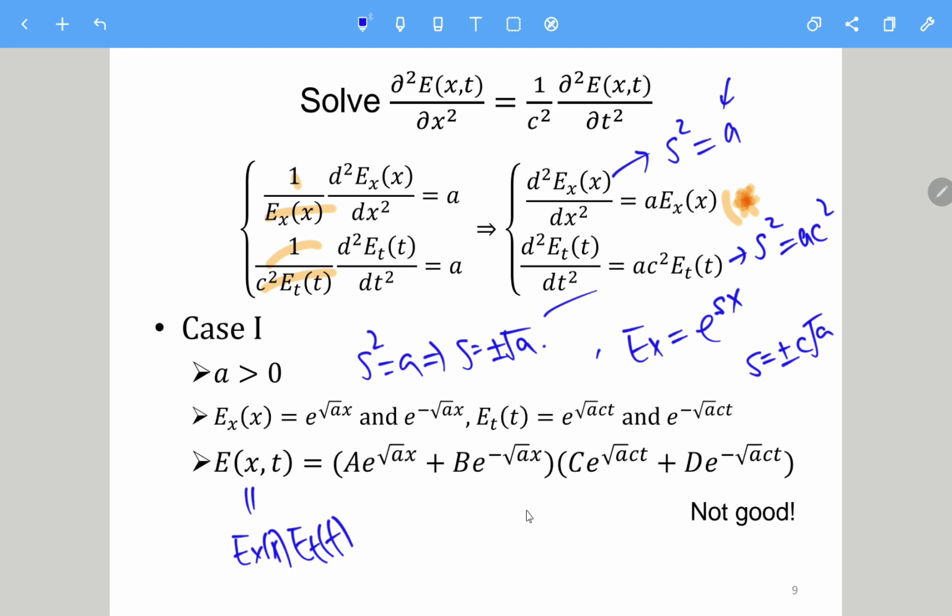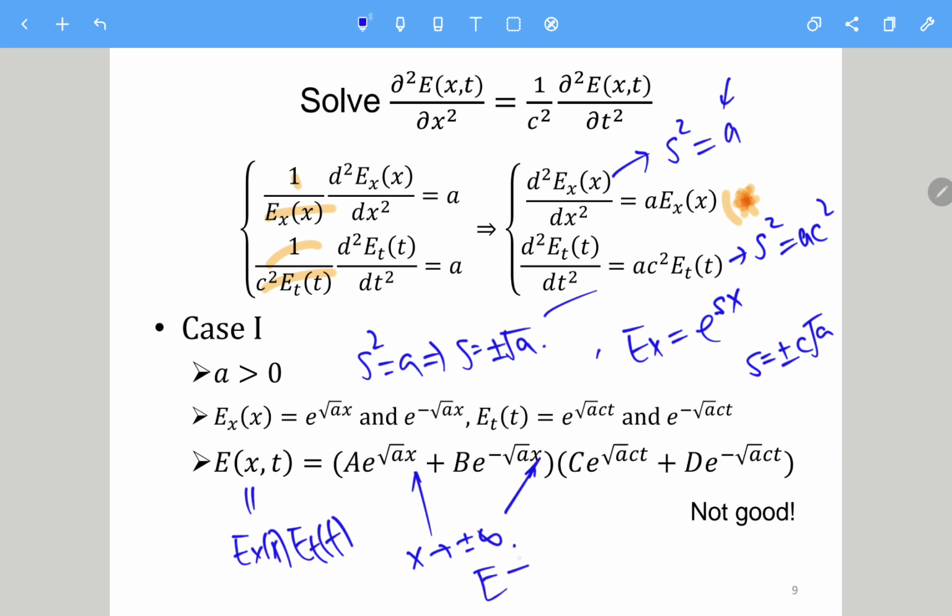We are not looking for this one, because if a is infinitely far away, then this one will be infinitely large. Either x is positive infinity or negative infinity. If x tends to plus or minus infinity, then these two functions will diverge.